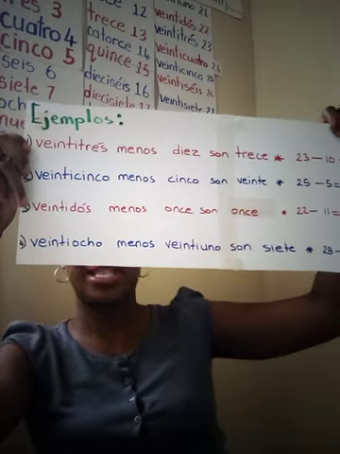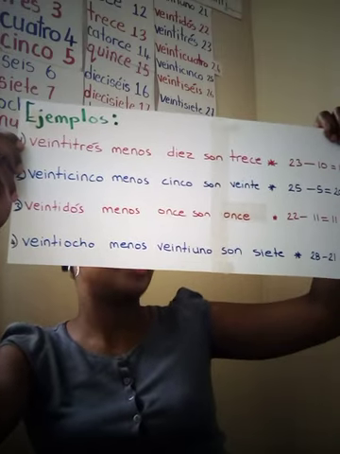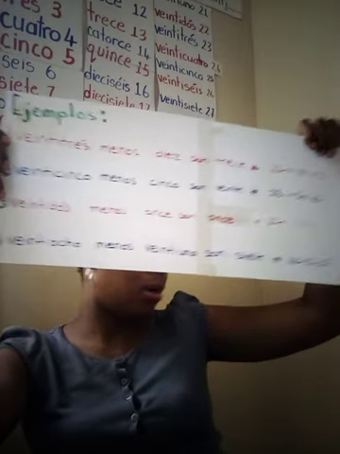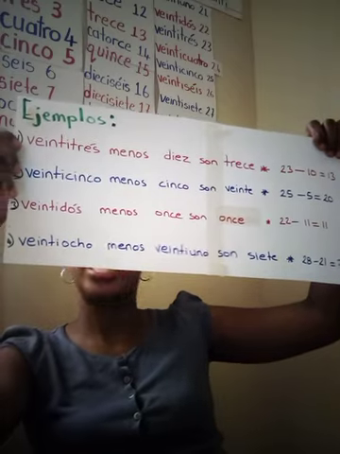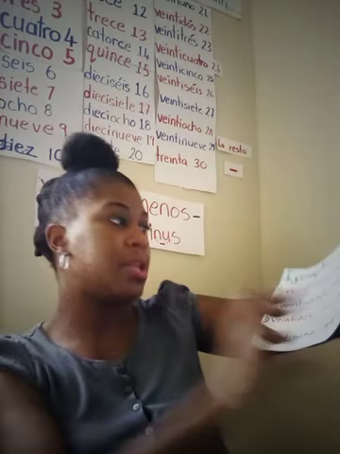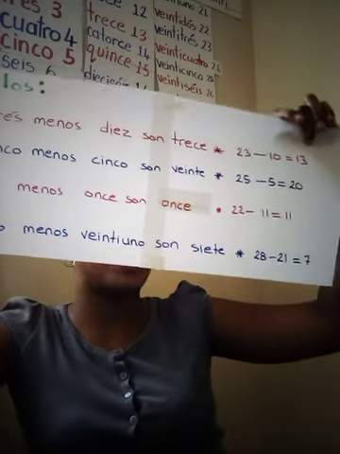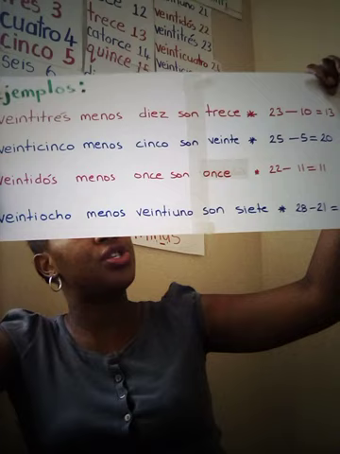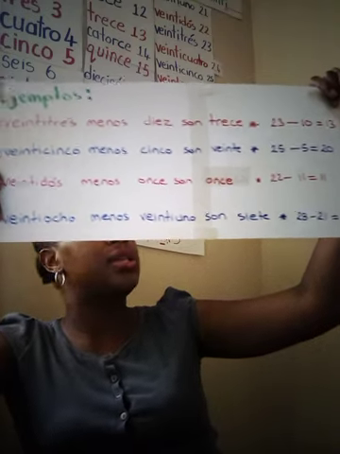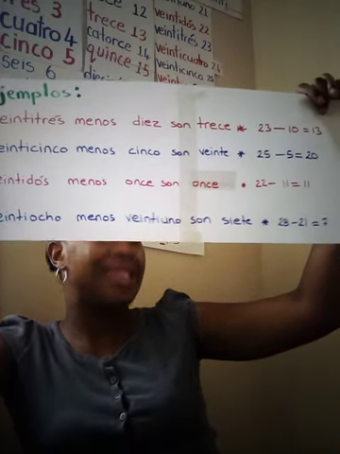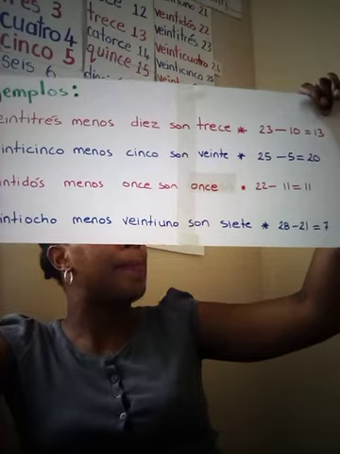The next is 22 menos 11 son 11. So this means 22 minus 11 equals 11. And the last one is 28 menos 21 son 7, which means 28 minus 21, which is equal to 7.